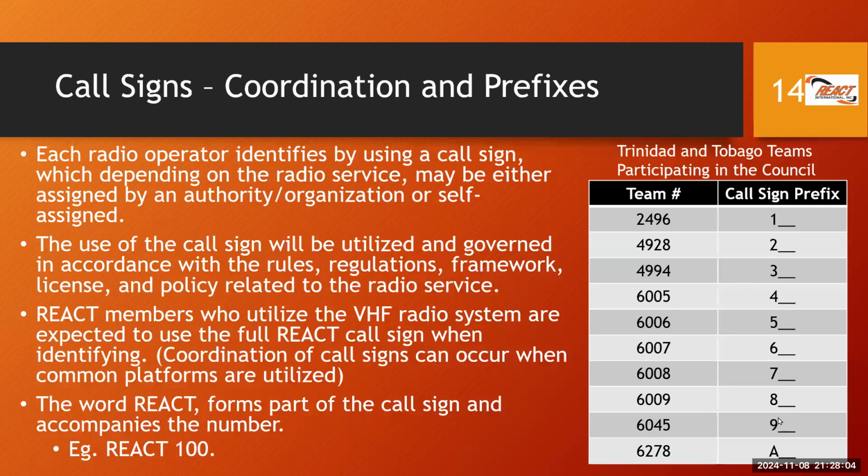In the sequence of things, we are using a kind of, I guess if it's numbers, hexadecimal, right? After 9 comes A. So team 6278, their membership will be REACT Alpha 01, Alpha 02, Alpha 03, and so on, right? So if there's any mystery, hopefully this would have demystified when you hear a REACT call sign. How did we come up with these things?